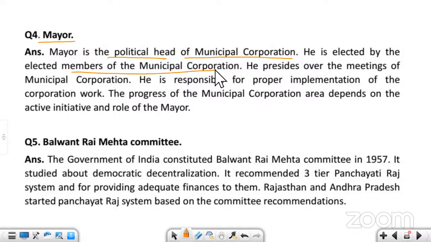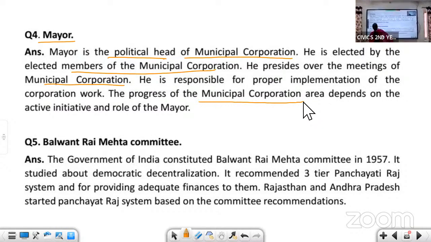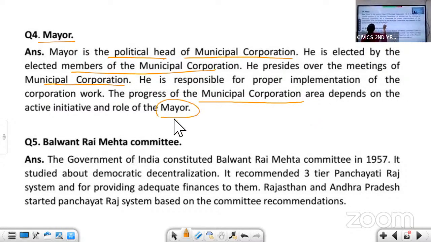The members of the municipal corporation will elect the mayor. He presides over the meetings of municipal corporation, and he is responsible for implementation of the works of the municipal corporation.